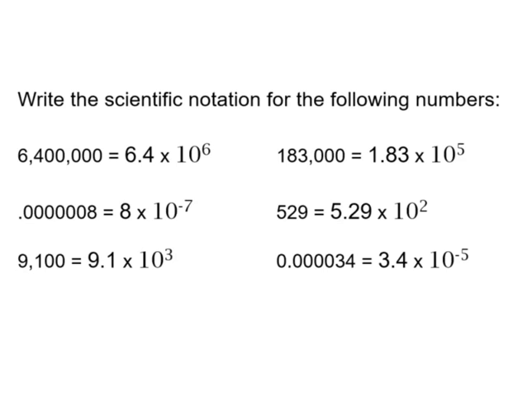For 529, our scientific notation is 5.29 times 10 to the 2nd power. For 9,100, our scientific notation is 9.1 times 10 cubed, or 10 to the 3rd power. And lastly, for 0.000034, our scientific notation is 3.4 times 10 to the -5th power.